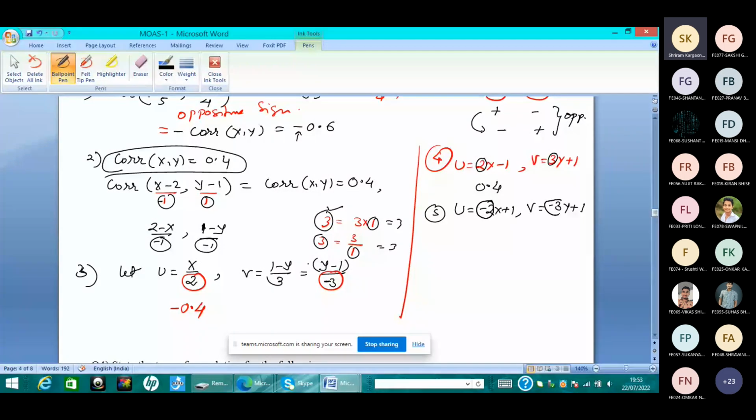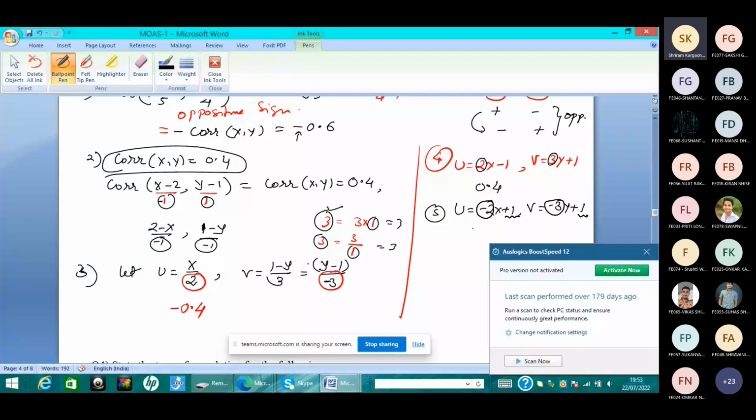I'm not thinking about what comes after plus or minus. I'm not bothered about it, because correlation is invariant, or independent, of change of origin. I'm thinking about the multiplied constant or divided constant. So both are minus here, right? So again, I will mention 0.4 only.